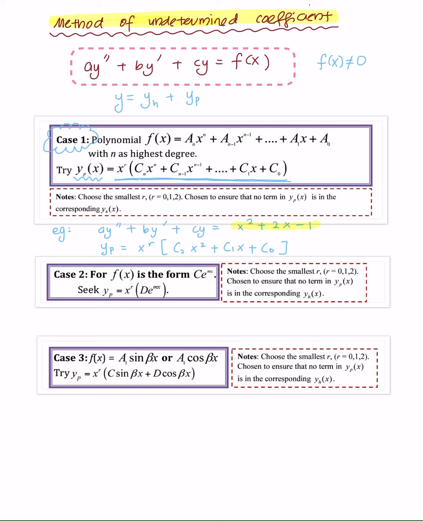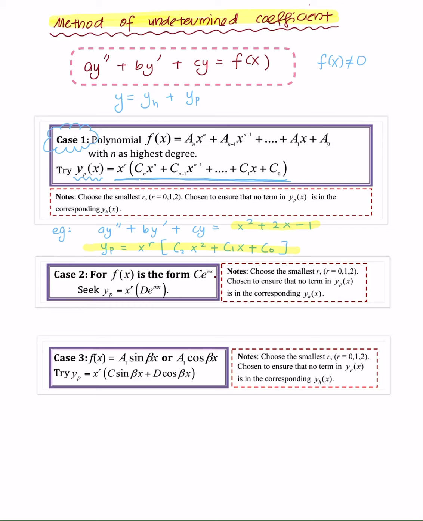So we can already determine the form of our yp depending on f(x). Note here that we need to choose the value of r. r starts from 0, it can be 0, it can be 1, it can be 2.